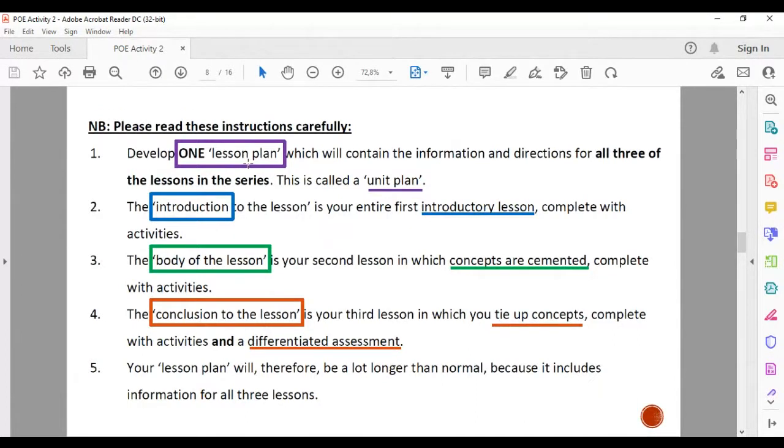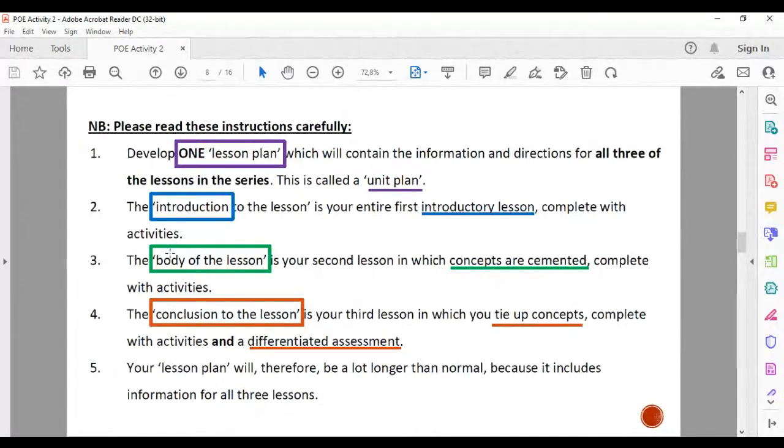So the introduction of your lesson is your entire first introductory lesson, complete with activities. And remember, with activities, we do not necessarily mean that it has to be worksheets. It can be any learning experience where your learners are actively involved in scaffolding their knowledge.